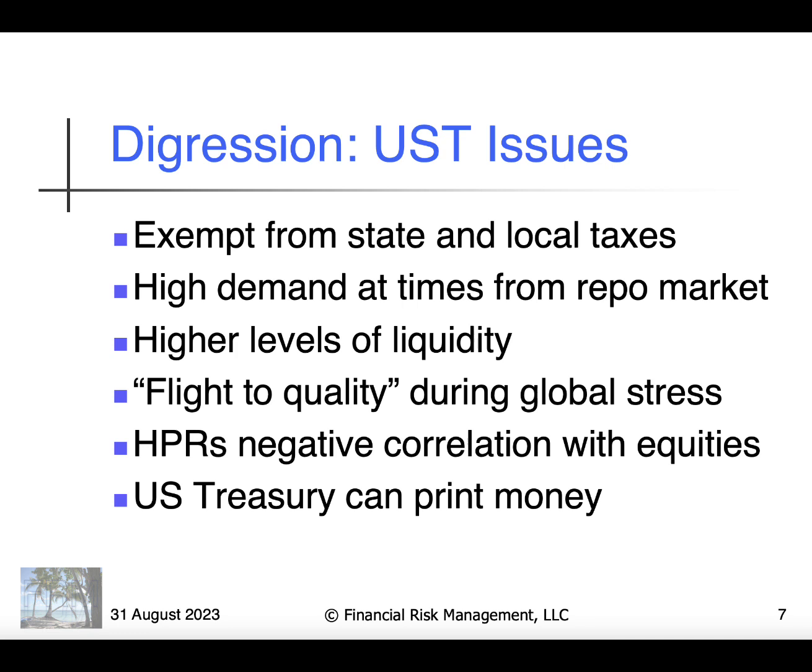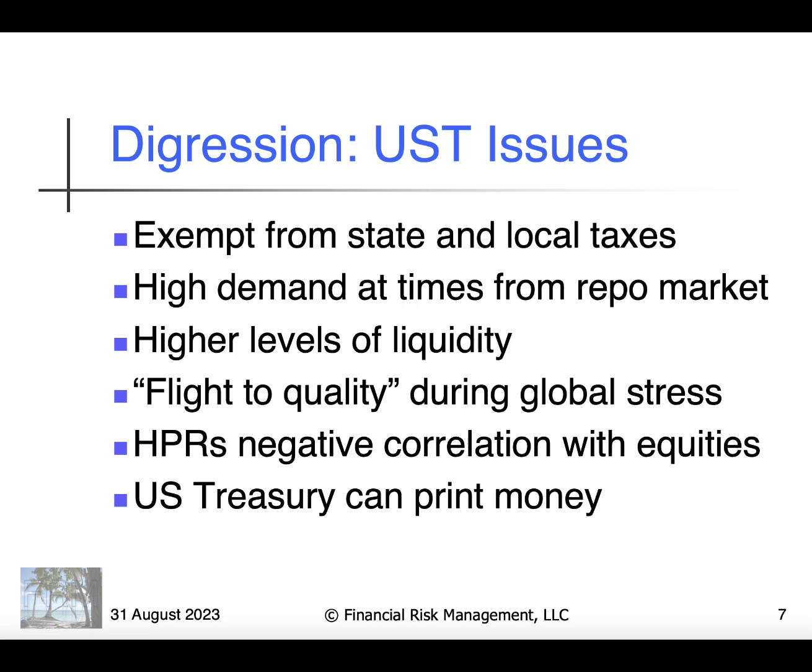When we begin to examine corporate bonds, it's important to step back and think about U.S. Treasuries. They are exempt from state and local taxes. That makes the yield artificially low as far as a proxy for the nominal rate. There's a high demand at times from the repo market, again, raising the price of the U.S. Treasury, lowering the yield.